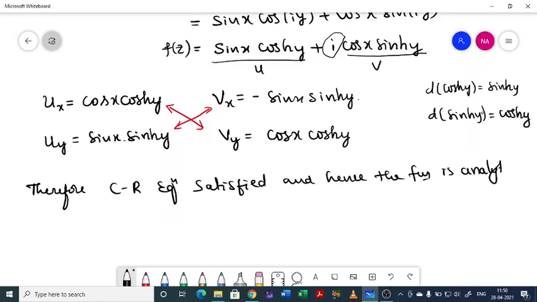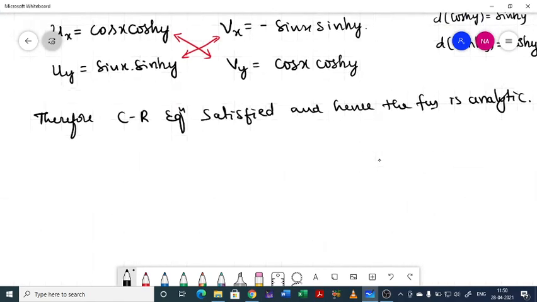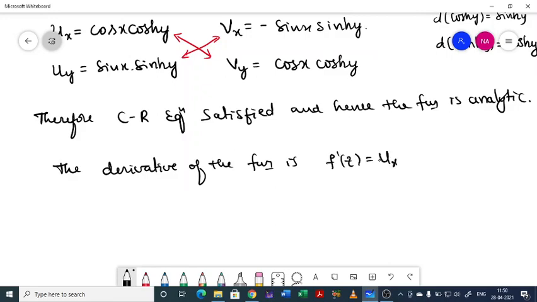And as the function is analytic, now we need to find its derivative. The derivative of the function is given by f dash of z equal to ux plus ivx.